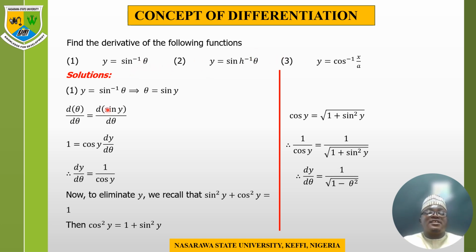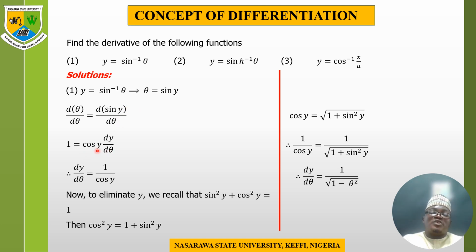Then to justify this result, we say that this is our y, and let our theta be sine y. If our theta is sine y, you differentiate this one with respect to theta, you are going to have this.